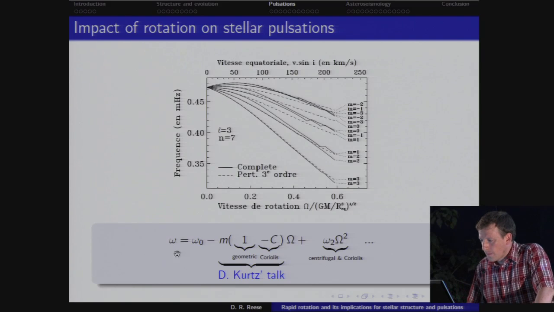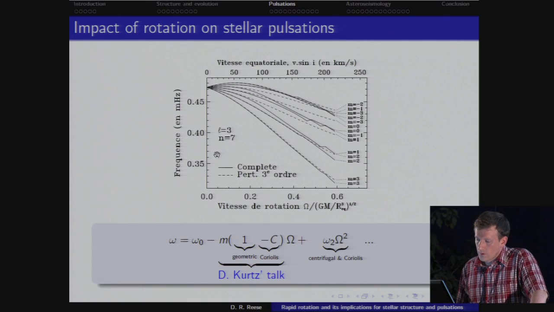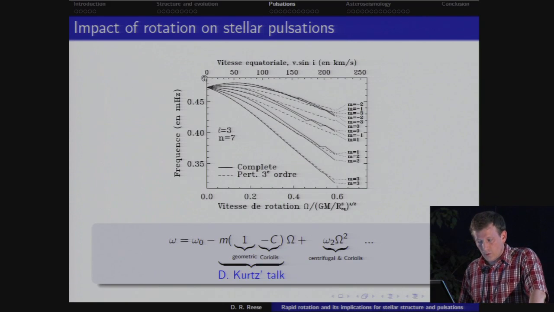A few days ago, Don Kurtz talked about one of the first effects of rotation. In this diagram, you have pulsation frequency as a function of the rotation rate, for a given L and N value. At zero rotation rate, modes with different azimuthal orders will have the same frequency, and you can see this by the convergence of these different lines.